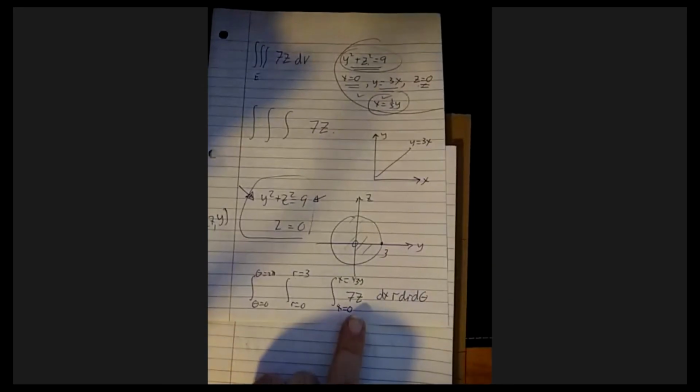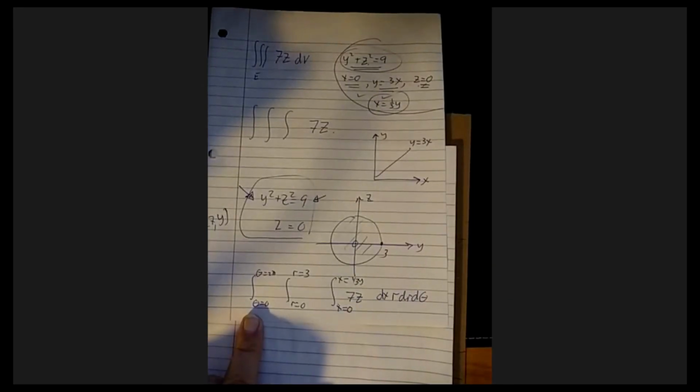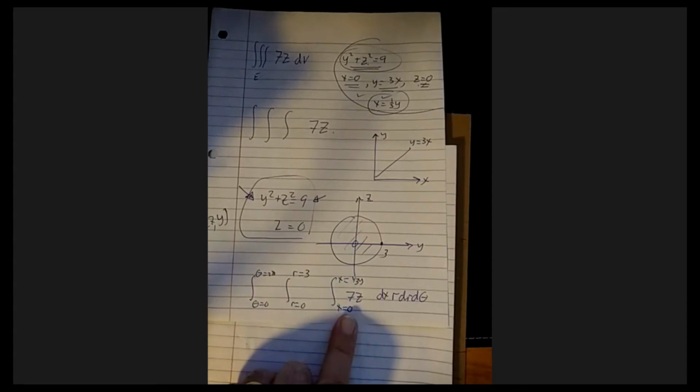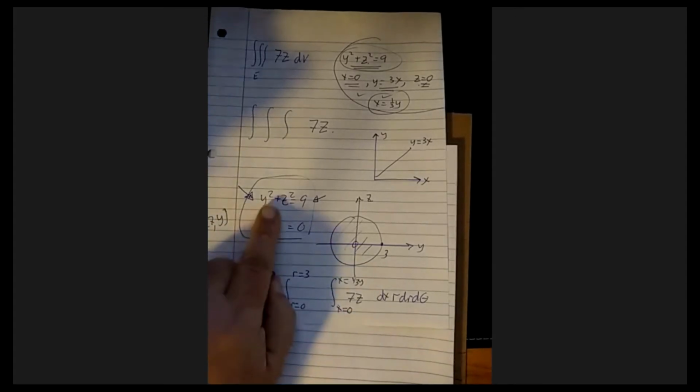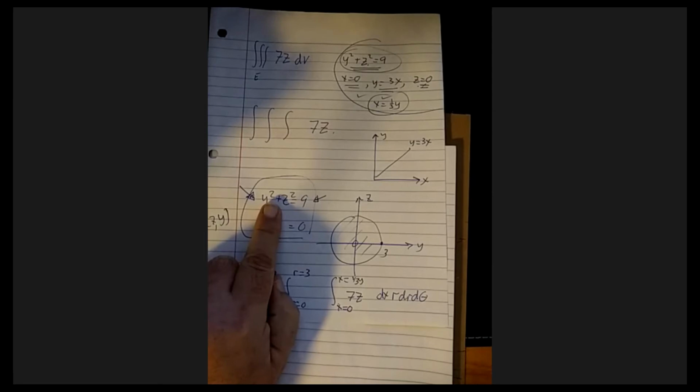So I've now set up what the triple integral looks like. These two take care of the y and z's, and they do it by using polar. This fella is the x's from 0 to a third y. I knew it had to be the x's because the polar used up the y and z's and they're done, right? Something uses up the y's, something uses up the z's, something uses up the x's, right? So I got all of them there.